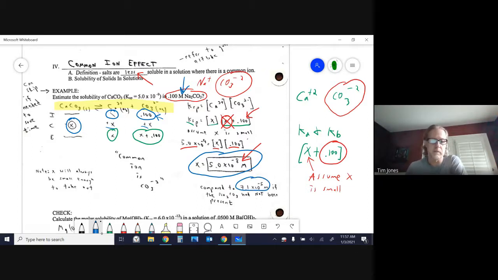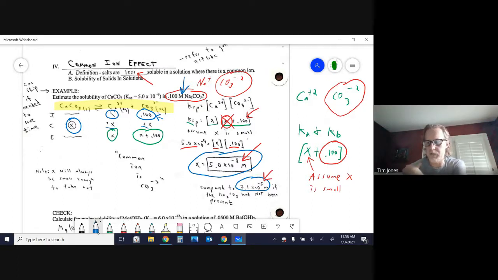So you'll see this was a significant difference. If it had been water without the sodium carbonate already dissolved into it, we get 10 to the negative 5 molarity dissolved, whereas because of this stuff being in there at the concentration it's in, it's 10 to the negative 8.